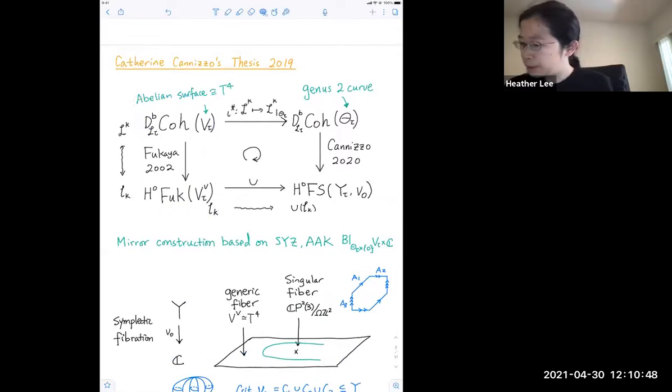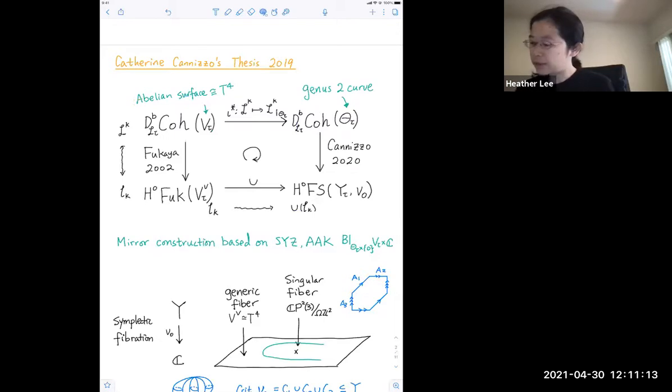So the genus 2 curve embeds in an abelian surface, and that's mirrored to this 4 torus. Now the mirror for the genus 2 curve can be constructed based on the generalized Strominger-Yau-Zaslow philosophy.